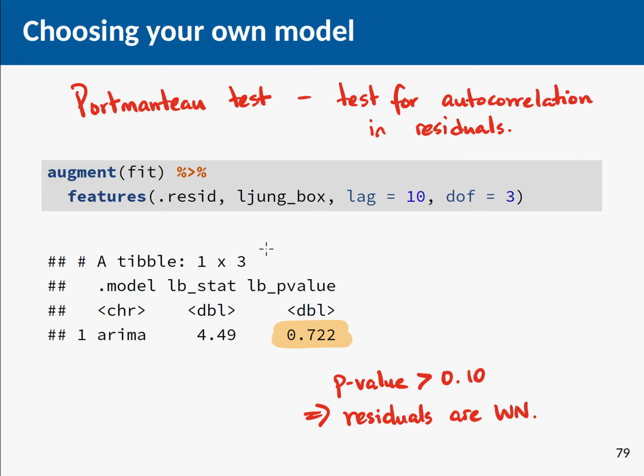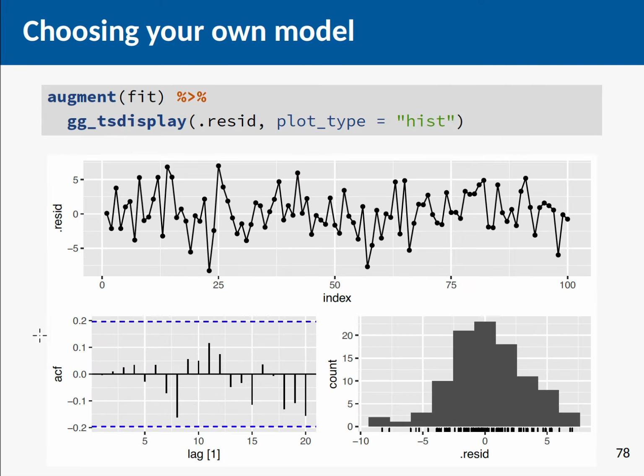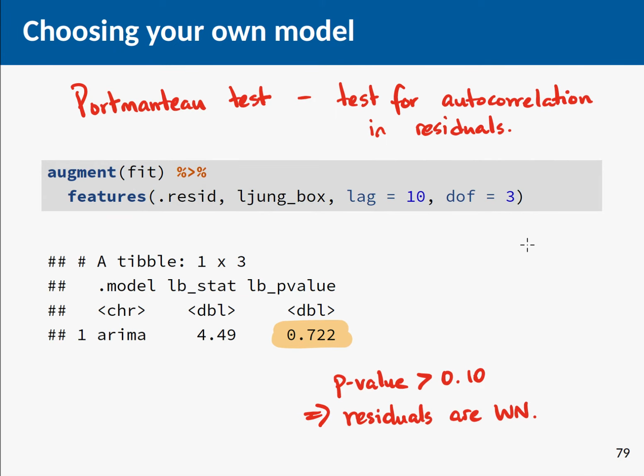In this case, what you find is the Ljung-Box p-value is 0.7, which is a high p-value. Anything over 5 or 10% would indicate that the residuals are white noise, which is what you also see in this type of autocorrelation function, which is a great thing for us.